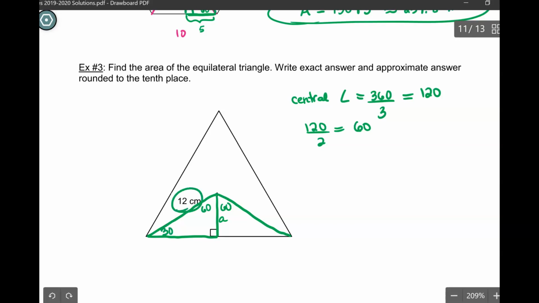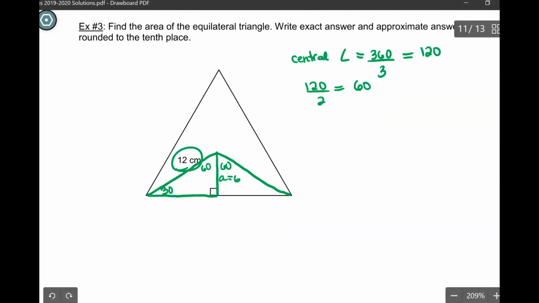But this time, what am I given? I'm given the hypotenuse, right? And the shorter leg would be my apothem. Well, what's the relationship between the shorter leg and the hypotenuse? The hypotenuse is twice the shorter leg. So that makes A equal to 6. Now I also need to find the perimeter, which means I need to know this longer leg.